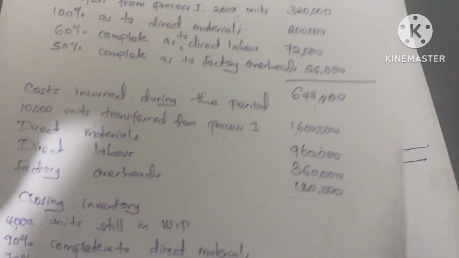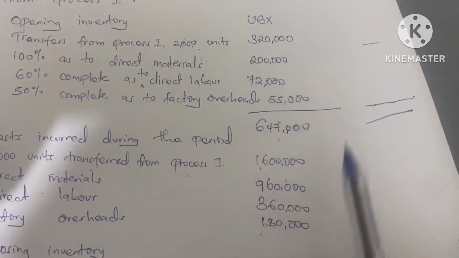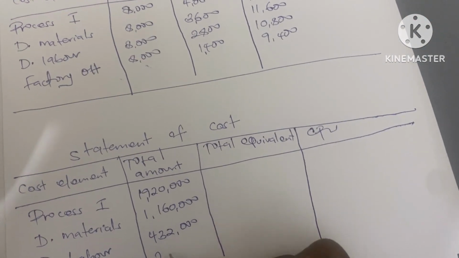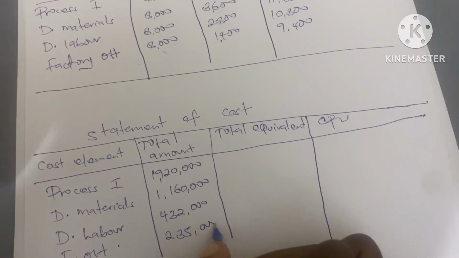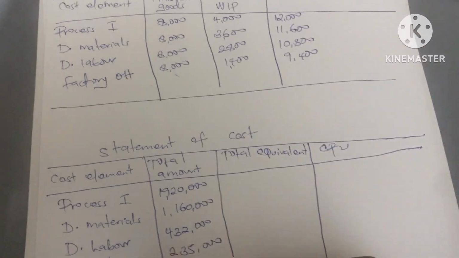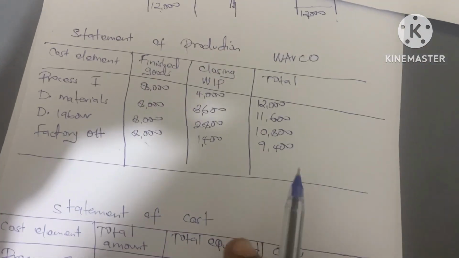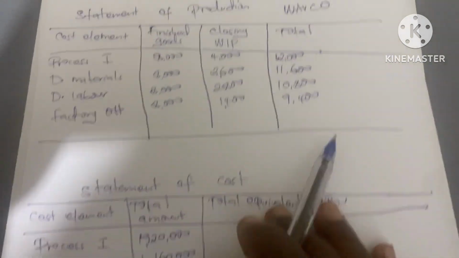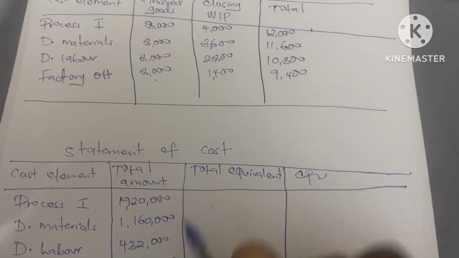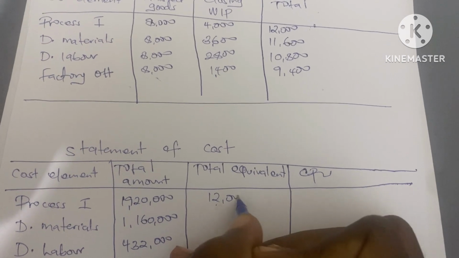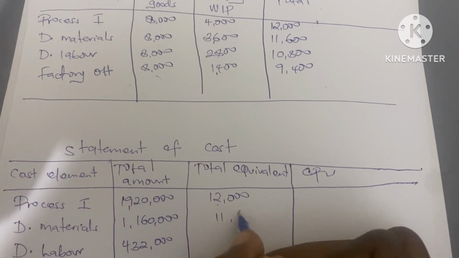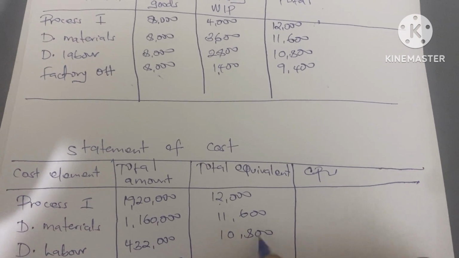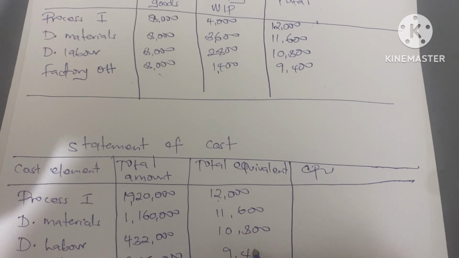For factory overheads, it will be 72 plus 180, so it is 235, like that. Then the total equivalent, we get the total that we got in the statement of production. These ones, we write them here. So this will be 12,000, 11,600, 10,800, 9,400.